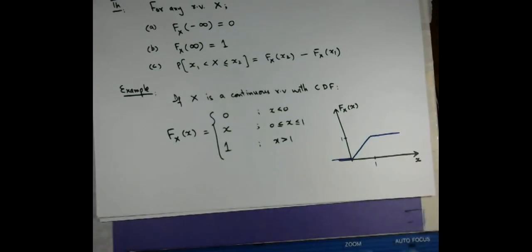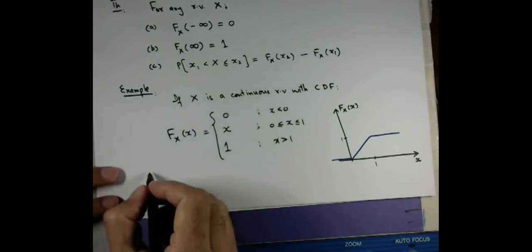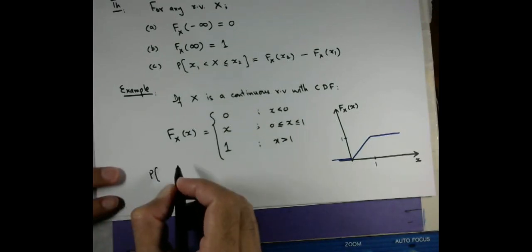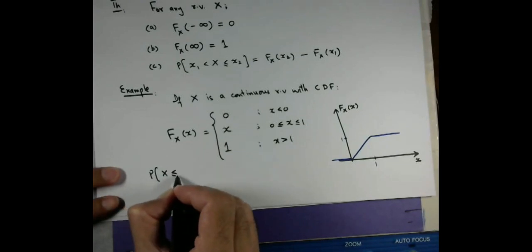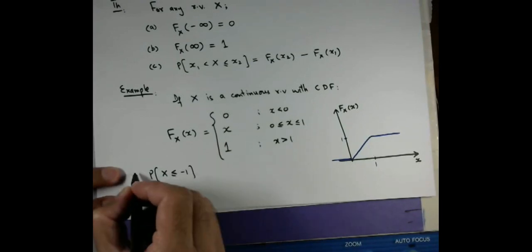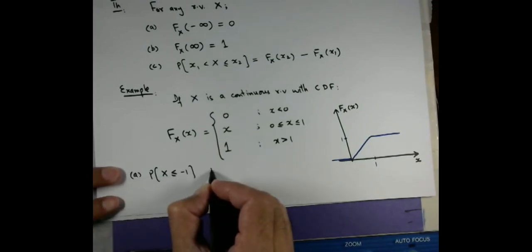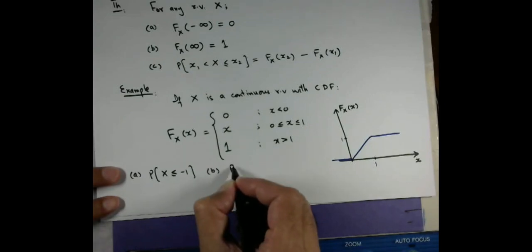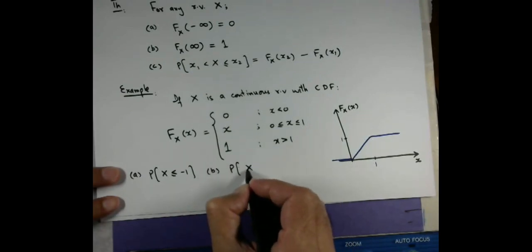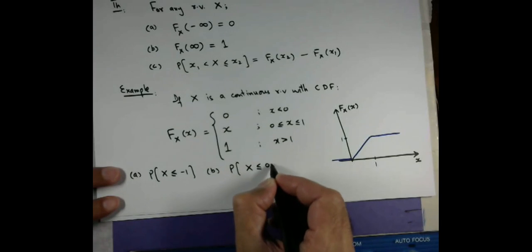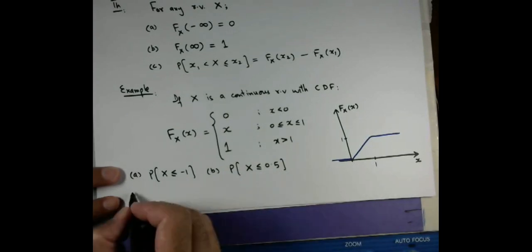So now this is the plot of the CDF. We need to calculate these 4 probabilities. A, probability that x is less than or equal to -1 first. B, probability that x is less than or equal to 0.5.